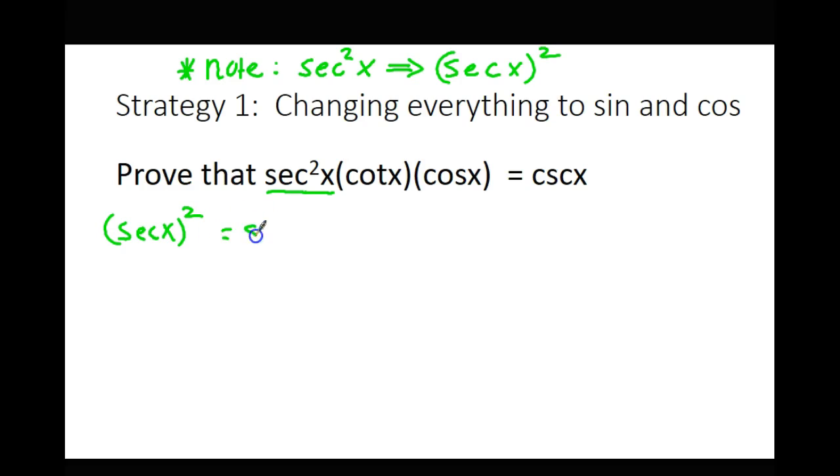But you don't want to write it like that because this means secant of x squared, and that's something different. Okay? So here we're taking the secant of x squared. Over here we're taking the secant of x, and whatever that is, we're squaring it. Those are different things. So what we do in trigonometry then is we put the square next to the trig ratio, and what that means is we're squaring the whole thing.